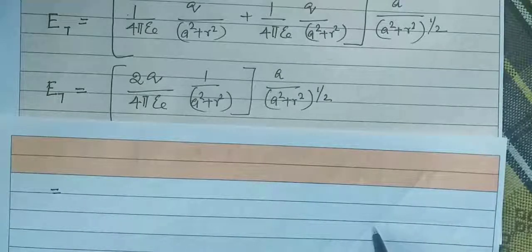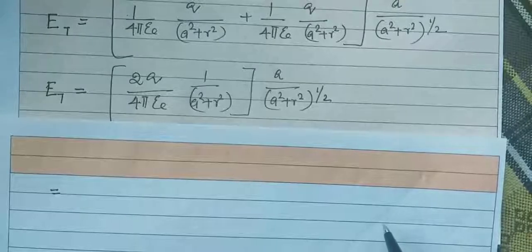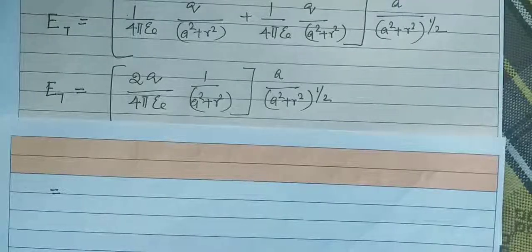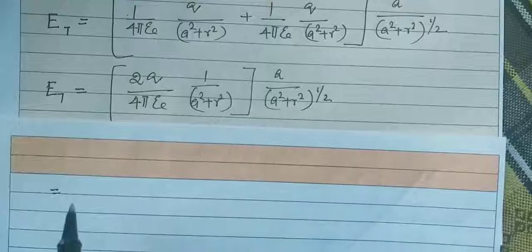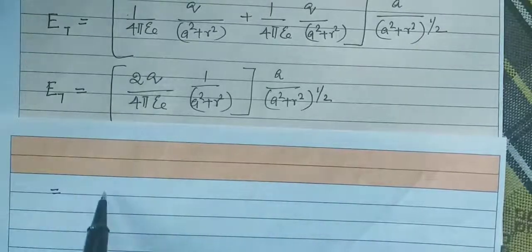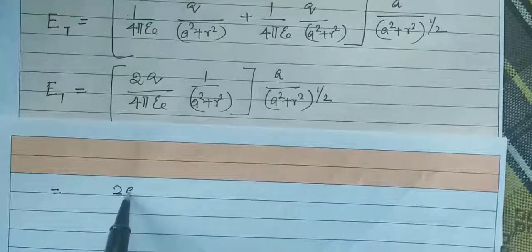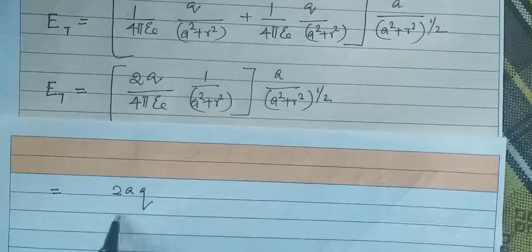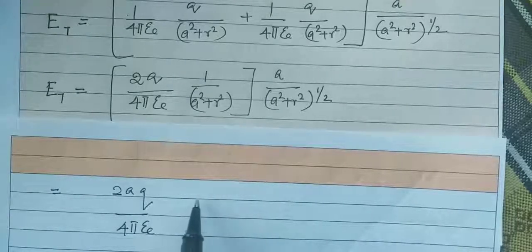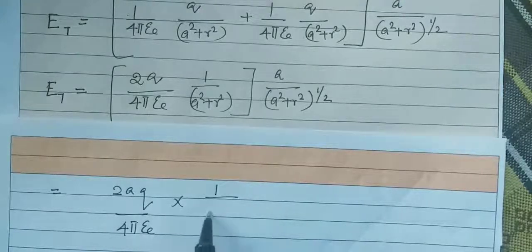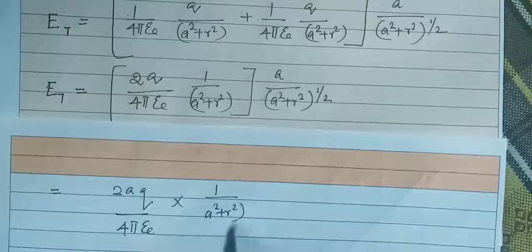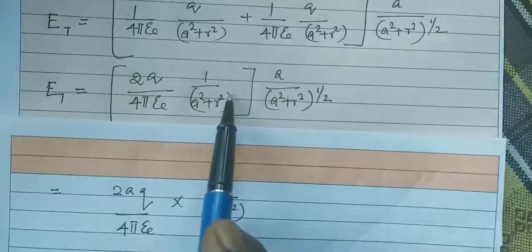Now we have already studied the concept of electric dipole moment. Electric dipole moment is a vector quantity. So I am writing it later. Now 2aq divided by 4 pi epsilon 0 into a divided by r square plus a square, the whole raised to 1 by 2.